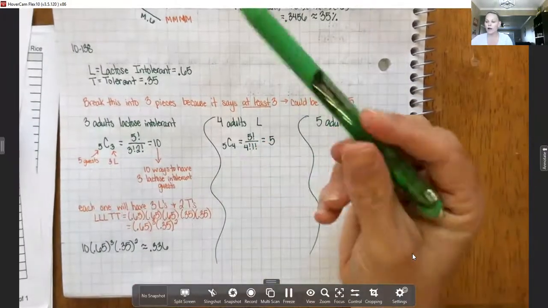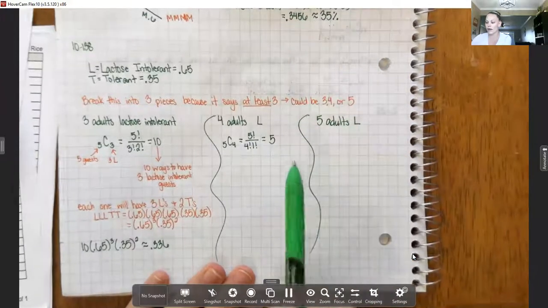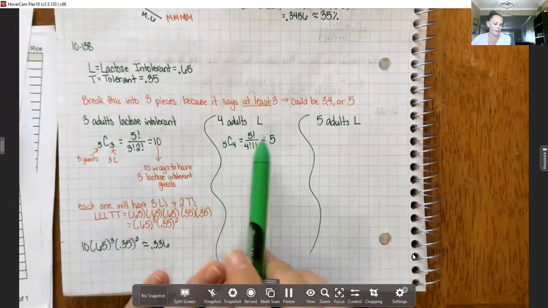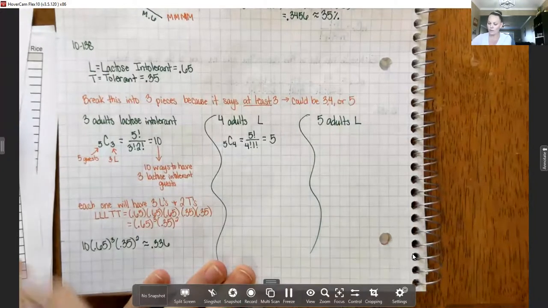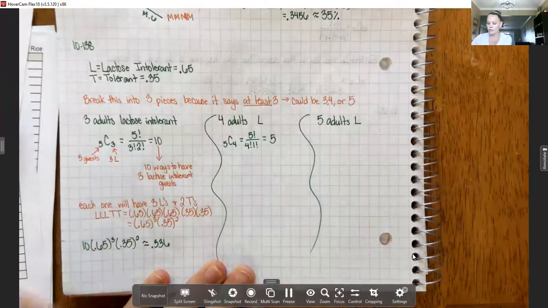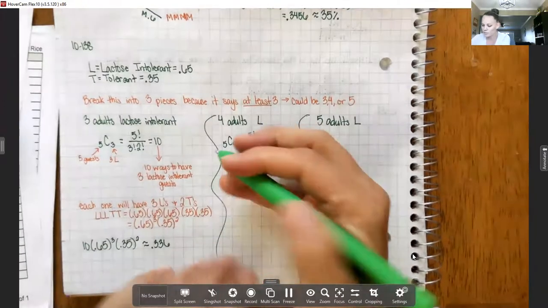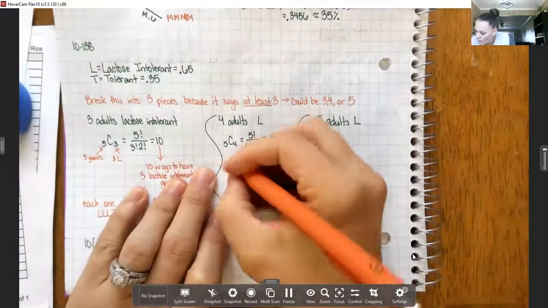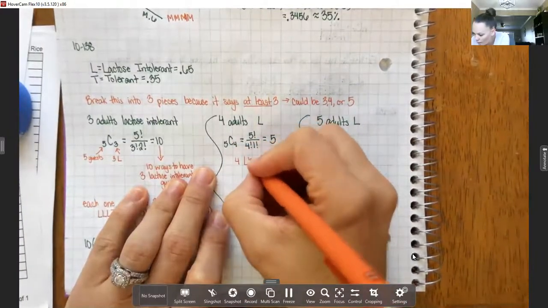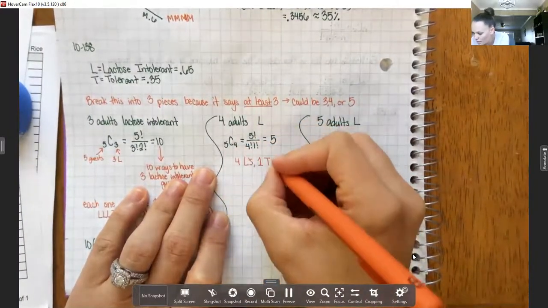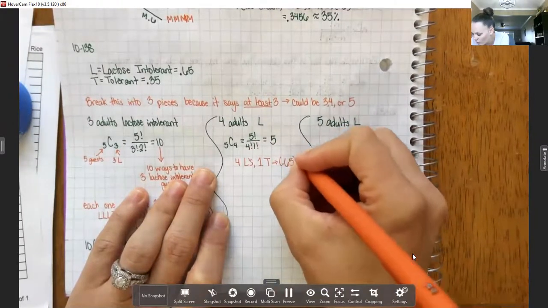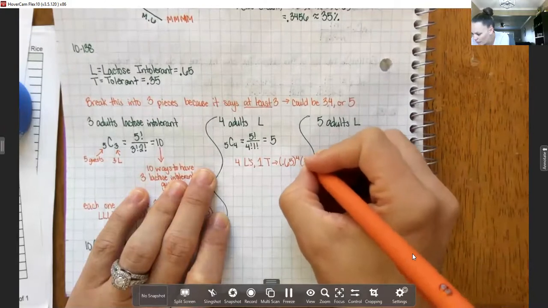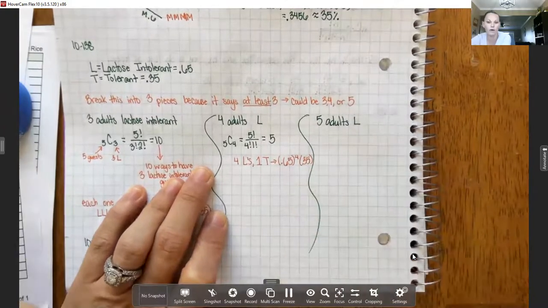So if we listed all of the possibilities out, 5 of them would have 4 L's with 1 T. So since it's 4 L's, that means there's 1 T. 4 L's, 1 T is 0.65 to the 4th times 0.35 just to the first power.